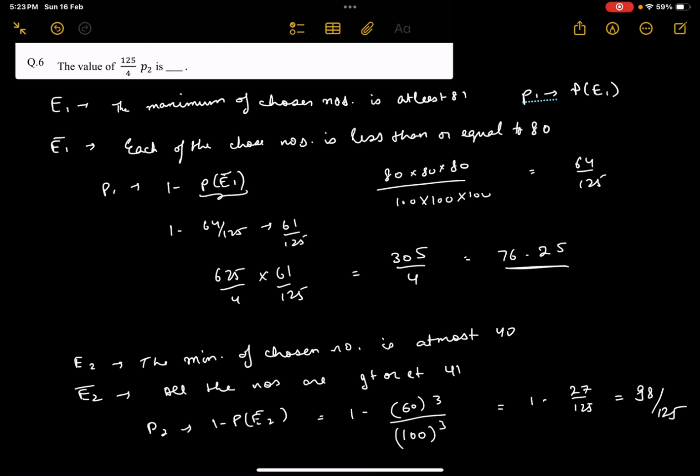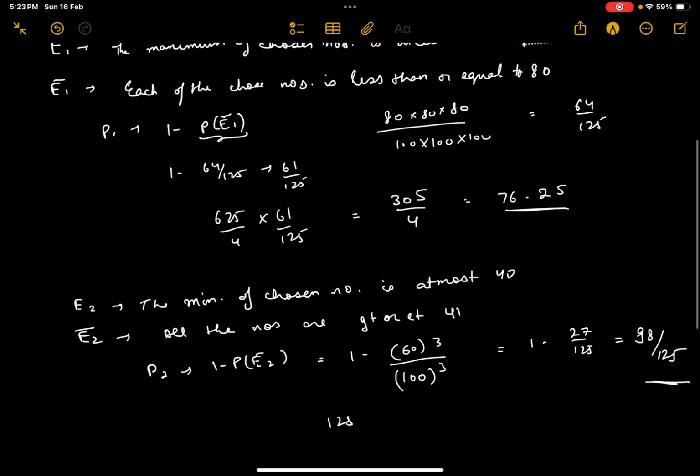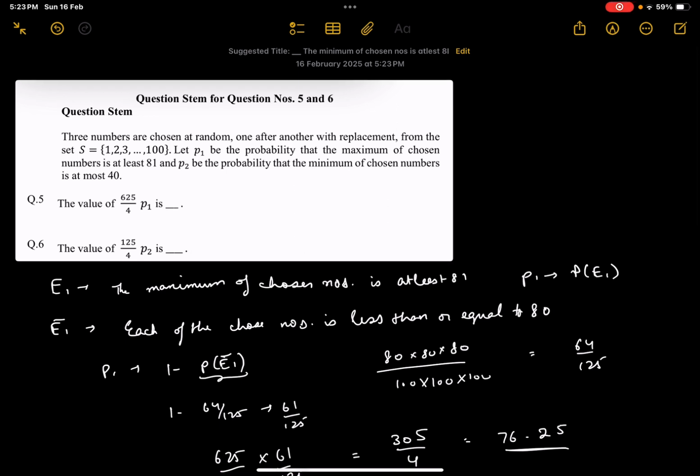So we have P2, and we are asked 125 by 4 times P2. 5 by 4 into 98 by 125, which is 49 by 2, which is 24.5. So the answer of question 5 is 76.25 and 6 is 24.5.